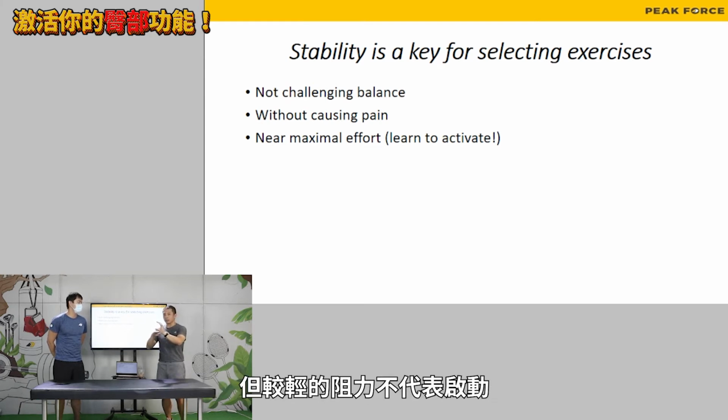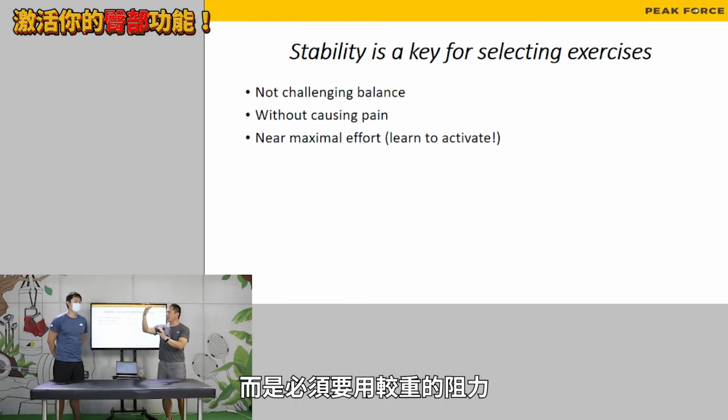But lighter resistance doesn't mean activation. You have to use a higher activation, okay, with a higher resistance.